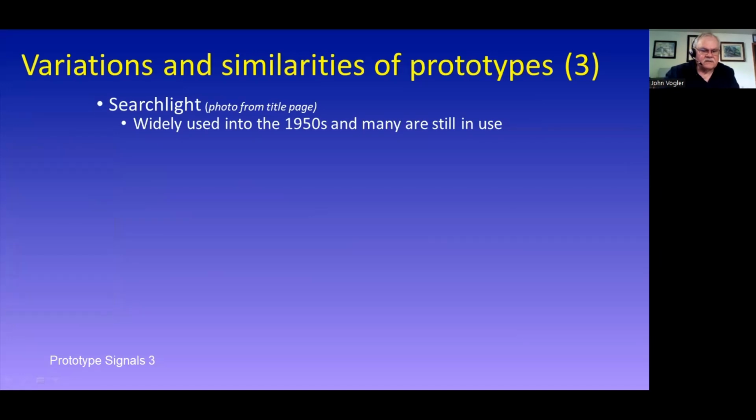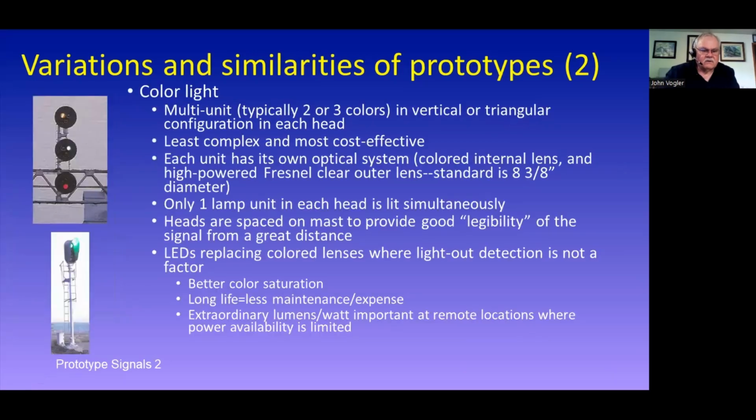One of the places I forgot to mention with the color light, with the LEDs, is light out detection. For example, with this signal here, if the yellow light were to burn out, it would appear from a distance to be a green over red, and it could be interpreted by the train as a clear signal instead of an approach medium.